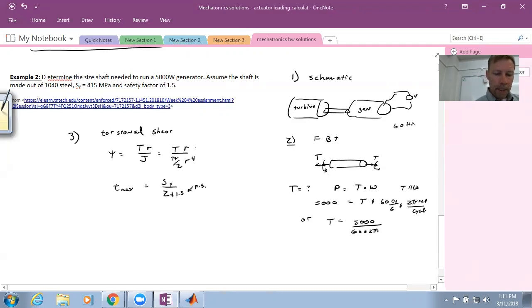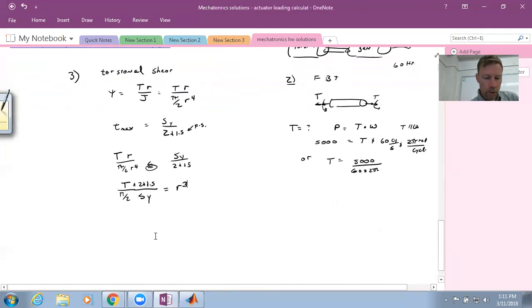So putting all this together, T times R over pi halves R to the 4th has to be less than or equal to, we'll take the equal to, S_Y over 2 times 1.5. We'll solve for R. That's R cubed, so T over pi halves times 2 times 1.5 divided by S yield is R cubed.